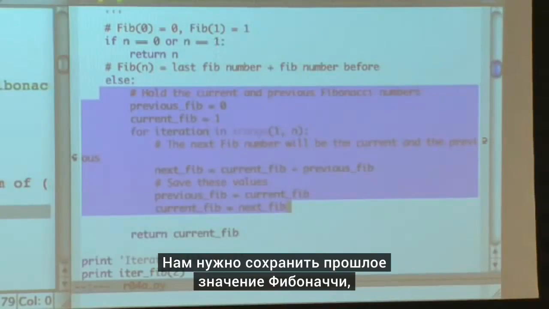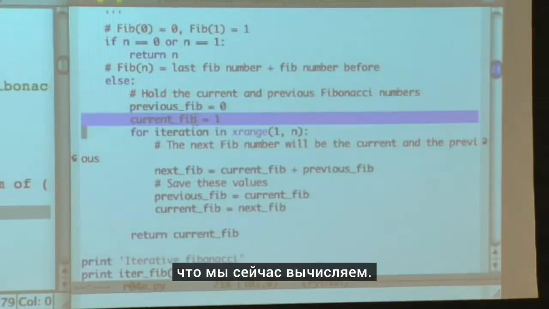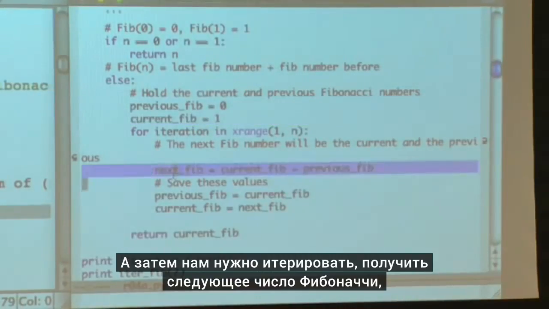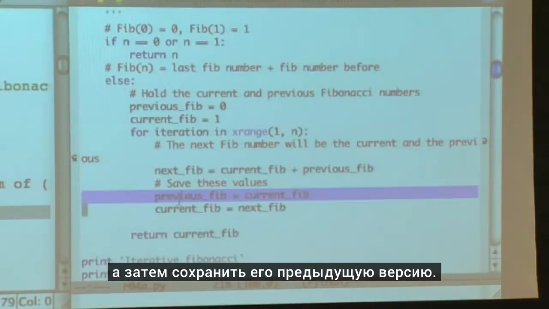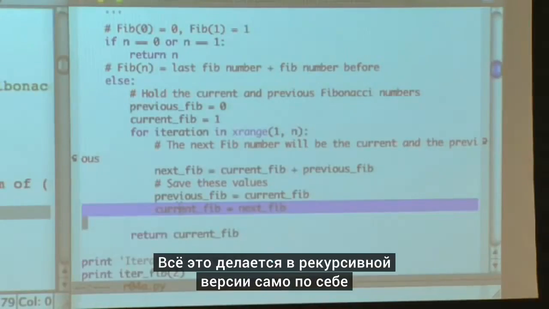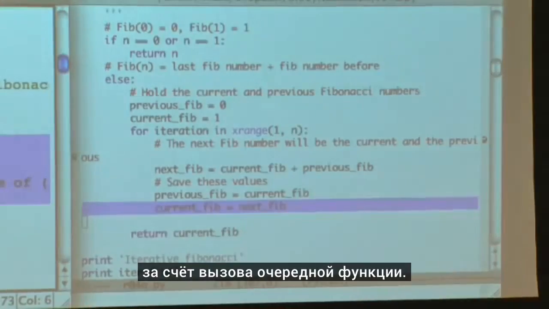We have to save off the previous Fibonacci, what we're currently computing, and then we have to iterate, get the next Fibonacci, and then save off the prior versions of it. This is all stuff that in the recursive version gets done for us by virtue of just calling another function.